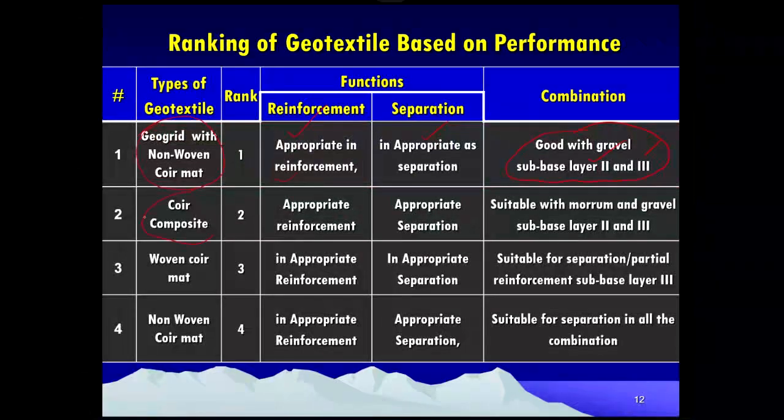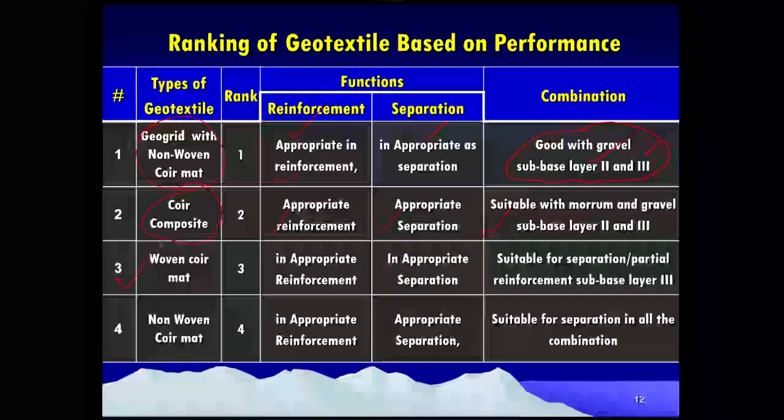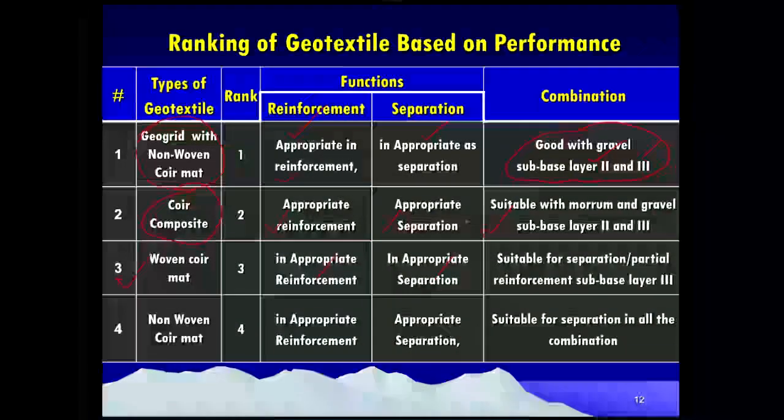Whereas the coir composite is appropriate in reinforcement and separation, and it is also suitable with moram and gravel subbase layers. Woven coir mats are for reinforcement and separation, non-woven coir mats also reinforcement and separation, and suitable for separation in all combinations of these materials.